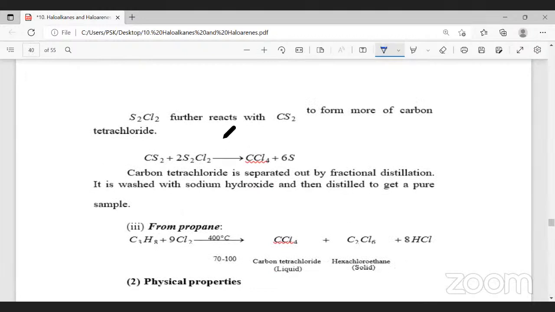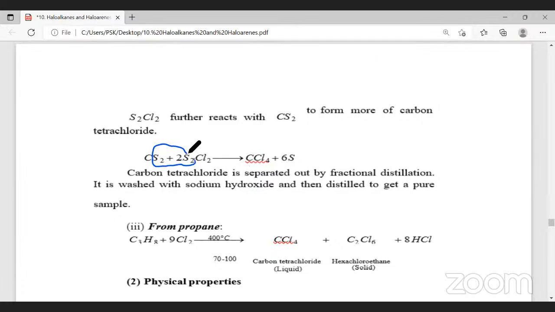This S2Cl2 further reacts with carbon disulfide to form more carbon tetrachloride. So here CS2 plus 2S2Cl2 gives you carbon tetrachloride and 6S, sulfur. So 6 sulfur gets eliminated, and you have carbon with 4 chlorine atoms bonded to form carbon tetrachloride.